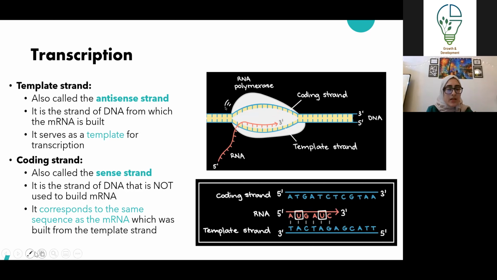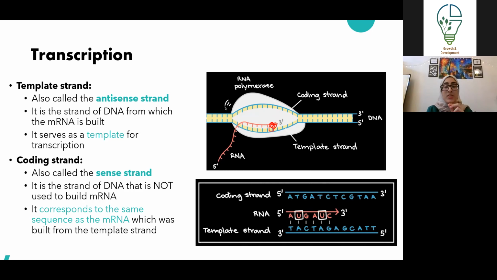How come? Let me just open my pen here for a second. All right, so if you look at this one here, the template strand is going to have a certain nucleotide here. And that nucleotide has a matching base pair on this side, on the RNA, right? Not the best drawer, so just stick with me.